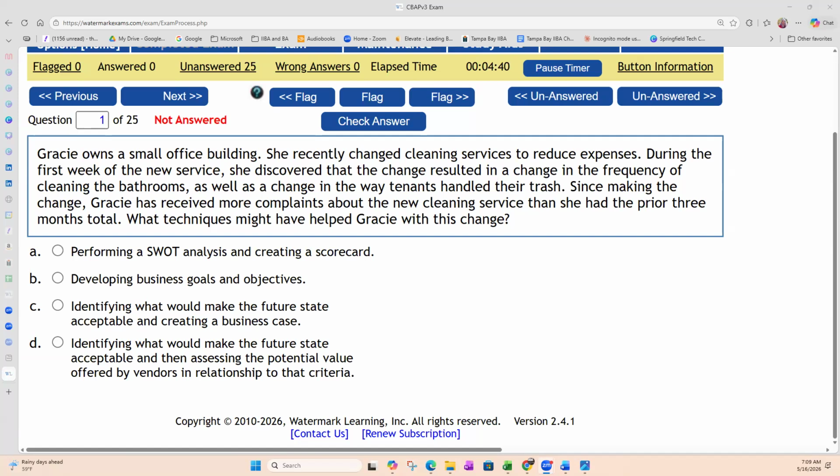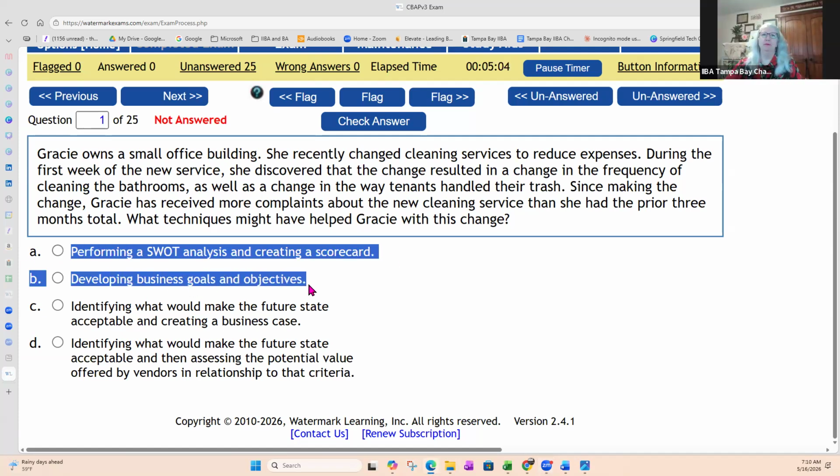The business goals and objectives, I believe, are already defined. It's to reduce expenses and avoid those complaints. That's true. So we can eliminate A and B, correct?